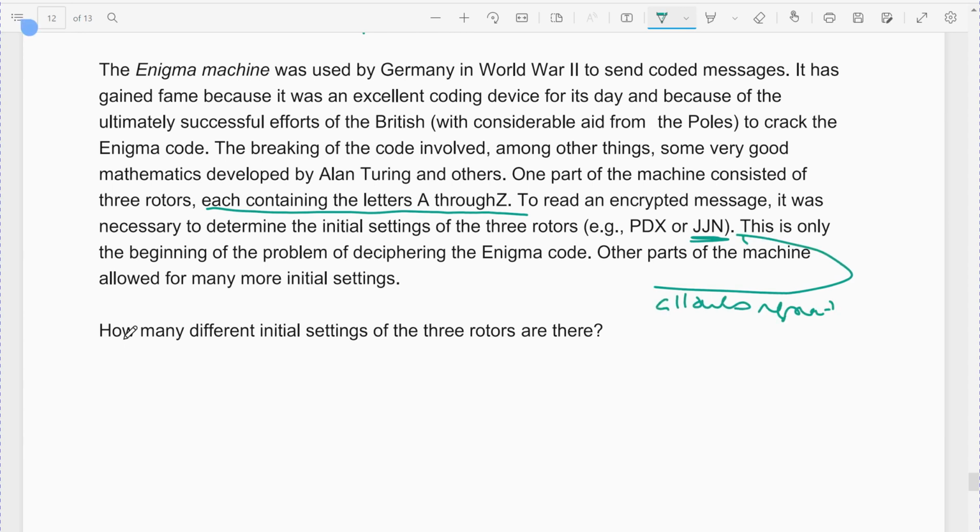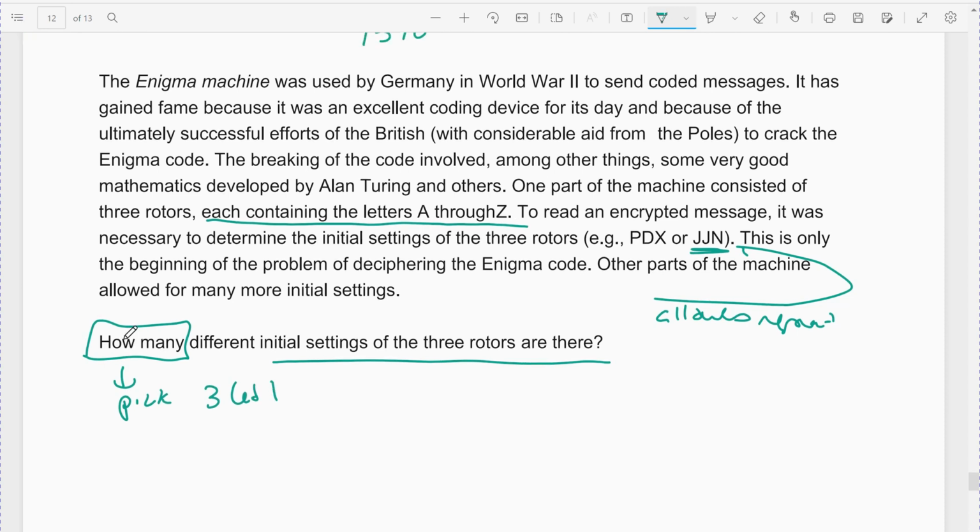So technically it could be JJJ, repeating all 3, or 2 like we have the J here. This means we're allowing repeats. This is the neither case. It is neither a combination nor a permutation. So how many ways can you set up 3 rotors? That means how many ways can you pick 3 letters, allowing for repeats?